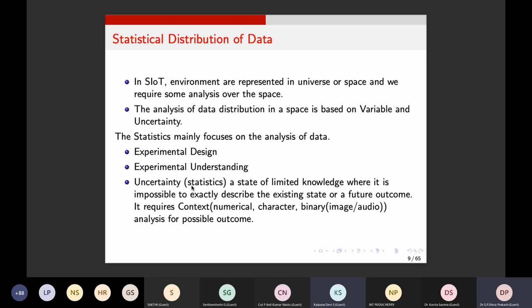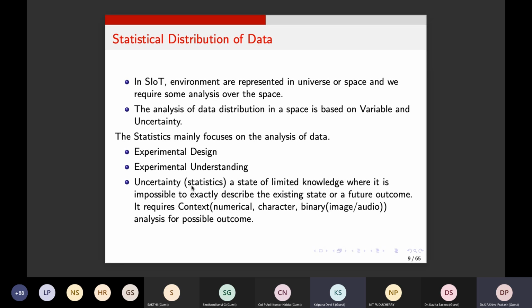Since it is an IoT-based application, we have an uncertainty with respect to the data. Statistics focuses on the analysis of data by experimental design or experimental understanding, and since you have uncertainties, statistics deals with a state of limited knowledge, where it is impossible to exactly describe the existing state or the future outcome.